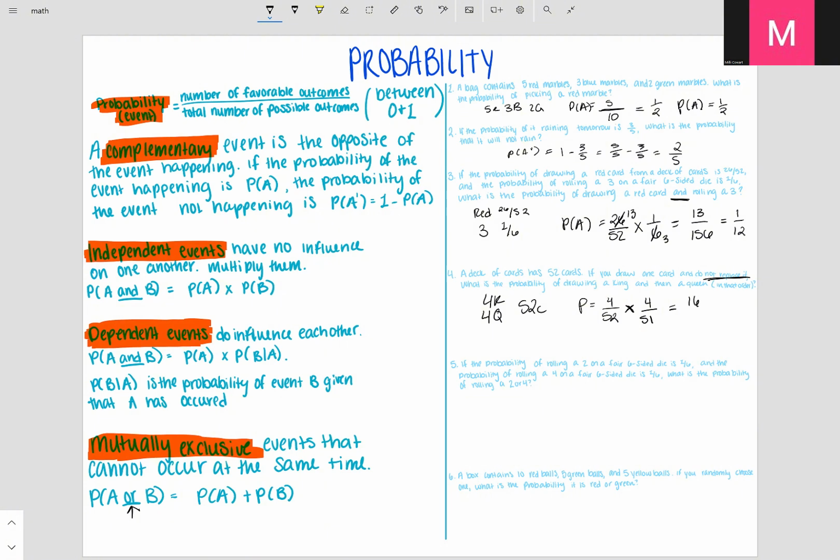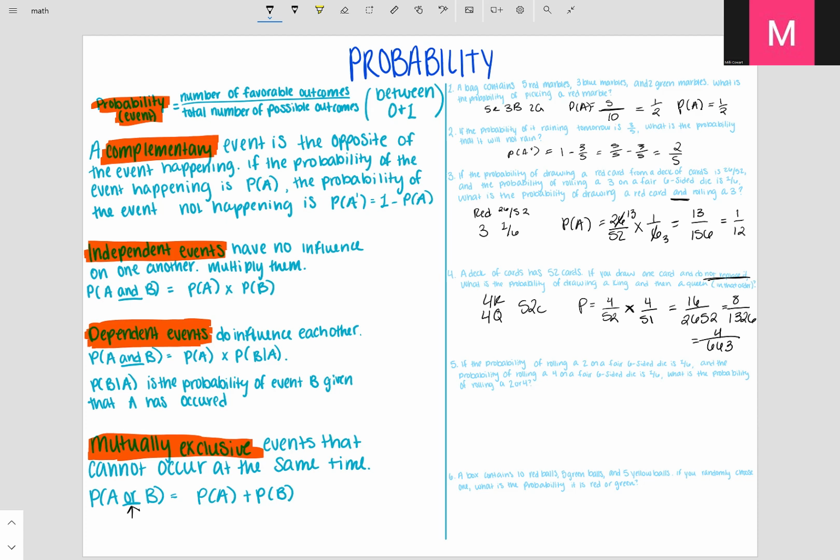That'll be 16 over 2,652. That is fully reduced.